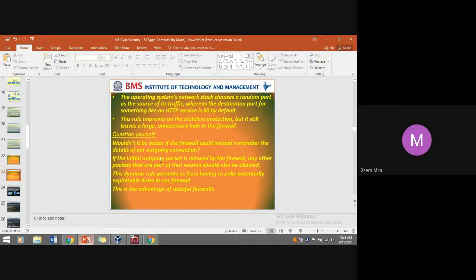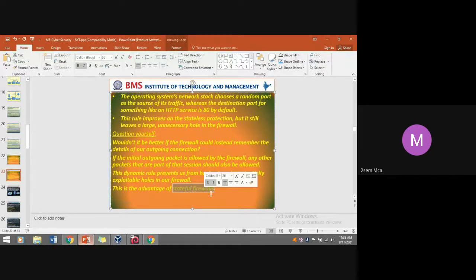If the initial outgoing packet is allowed by the firewall, any other packets that are part of that session should also be allowed. That is a stateful firewall's job. This dynamic rule prevents us from having to poke potentially exploitable holes in our firewall. This is the advantage of a stateful firewall. A stateful firewall uses the concepts of sessions and connections to allow packets through.